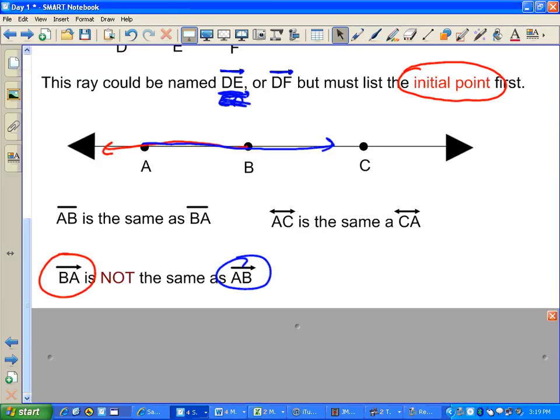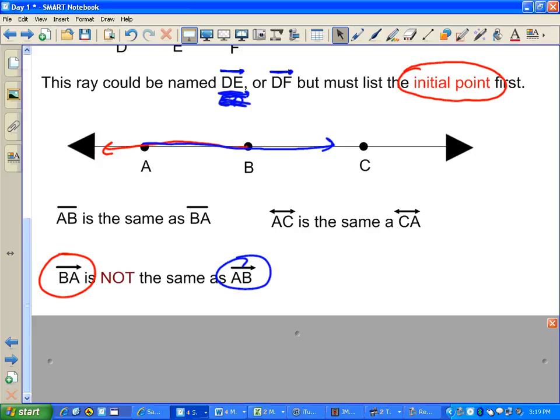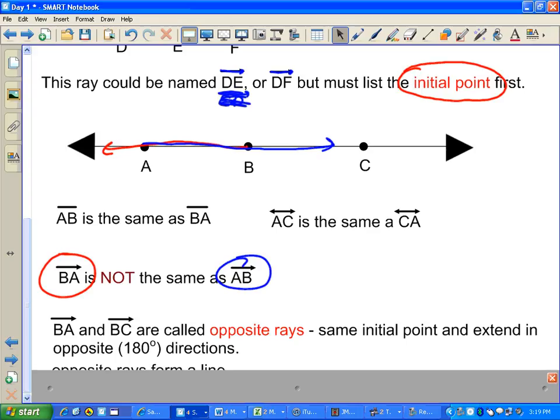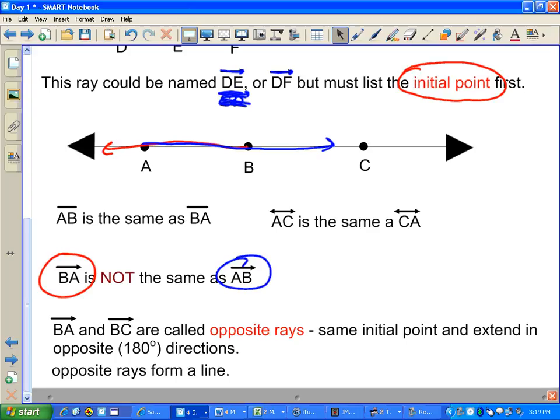So just to recap, AB, the segment, is the same as BA, the segment. AC, the line, is the same as CA, the line. But BA, the ray, is not the same as AB, the ray. They are pointing in opposite directions. If we have 2 rays that point in exactly opposite directions, but start at the exact same point, those are called opposite rays.